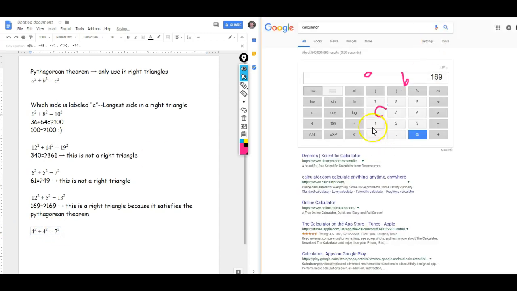So then we would check our calculator. 4 squared plus 4 squared equals 32. And up here we had 7 squared, which came out to be 49. So we know that 7 squared is 49. This is not true. So it's not a right triangle.